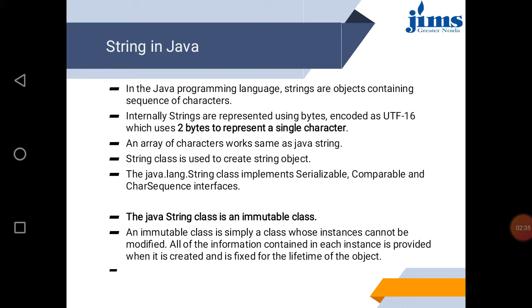An immutable class is simply a class whose instances cannot be modified. So if you have stored gems, you will not be able to change the value of gems to gemtech. If you change it, it will be a new object, but the gems object will not change.